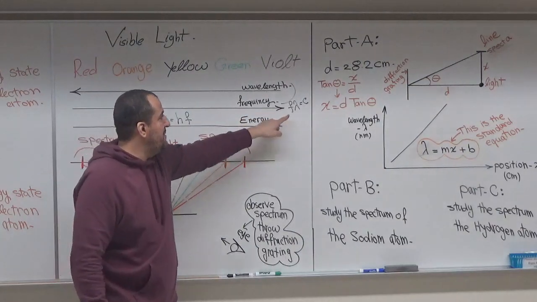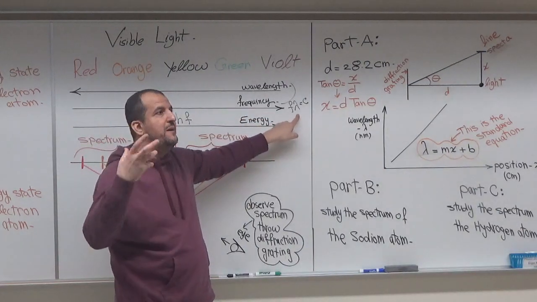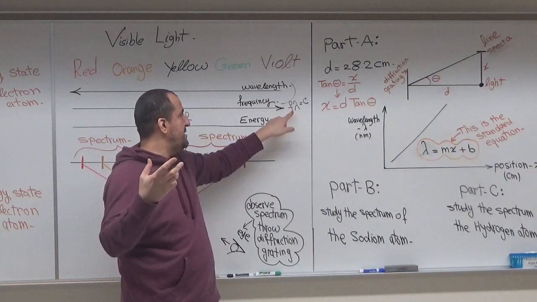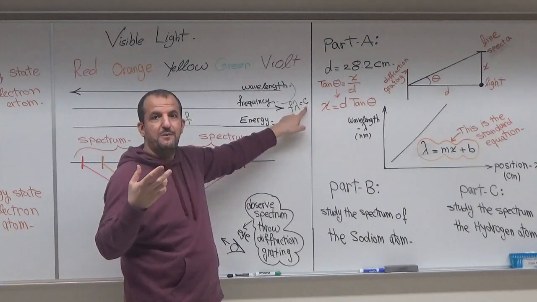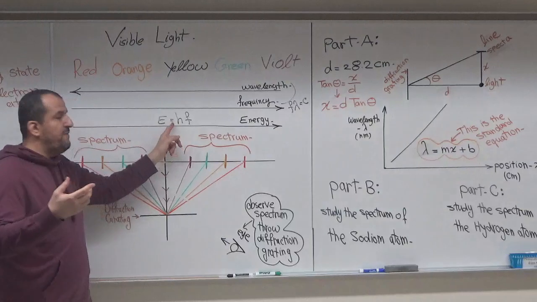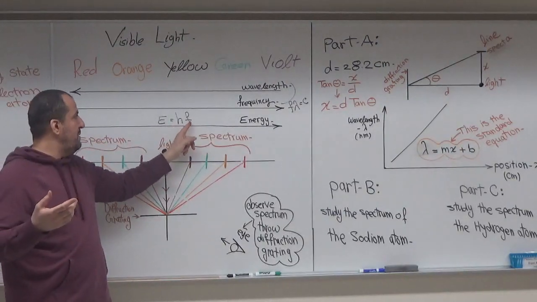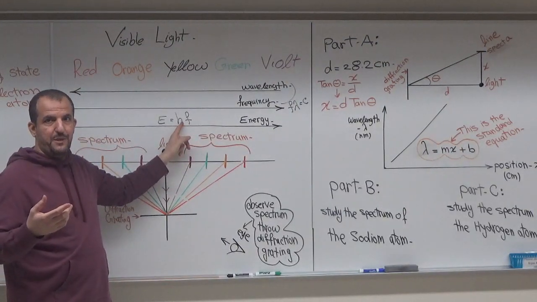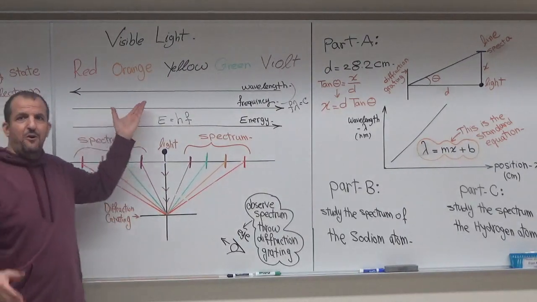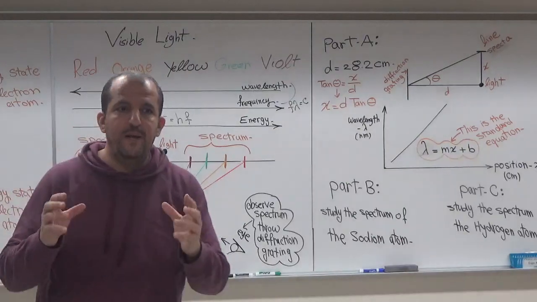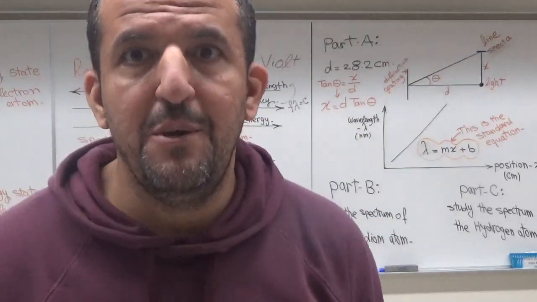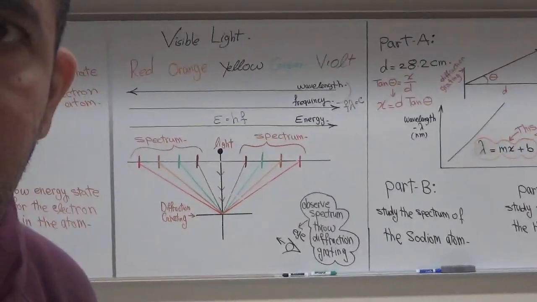The equation that describes the relation between frequency and wavelength is frequency times wavelength gives me c, which is the speed of light. To find the energy from frequency, you need to multiply frequency by Planck's constant. That will give you the energy.